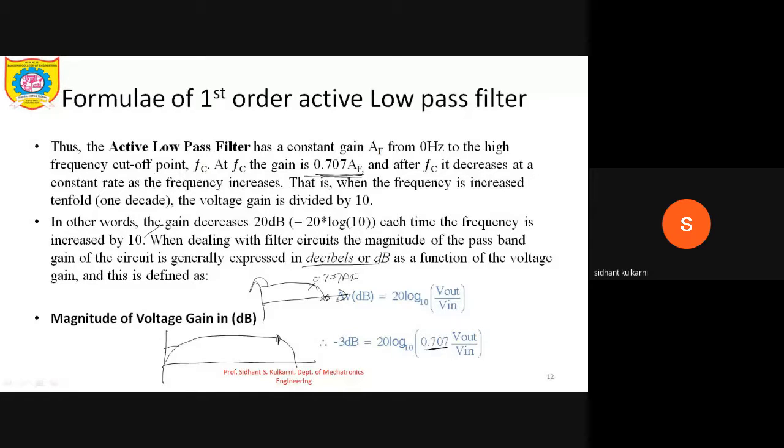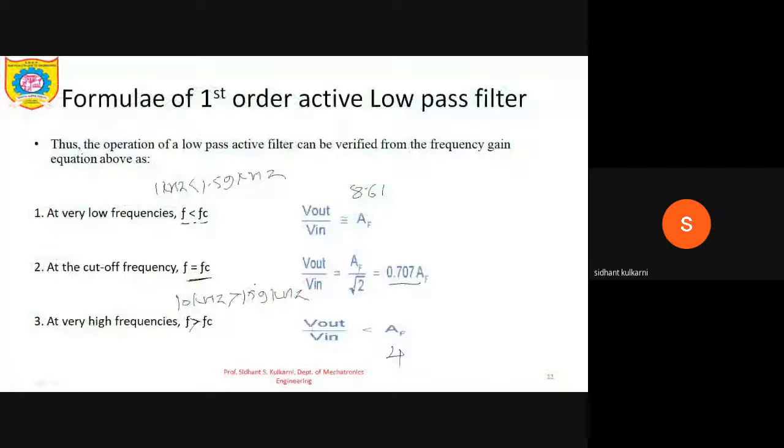V out you can calculate as 1 plus RF upon R1 into V in. Gain you have already calculated. Initially our gain was 8.61, so 20 log to the base 10 of 8.61 gives 18.70 dB, the gain of this filter.